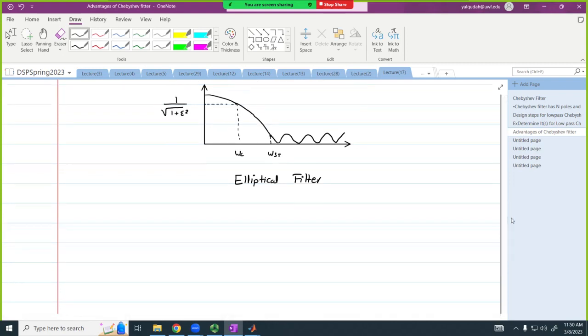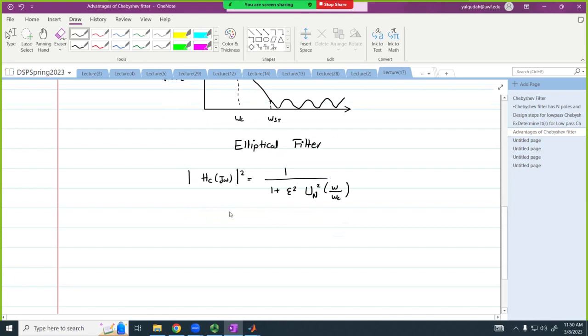So this elliptical filter, the frequency response is given by the magnitude of Hc of j omega squared equal to 1 over 1 plus epsilon squared Un squared of omega over omega cutoff, where Un of w is a Jacobian elliptical function.